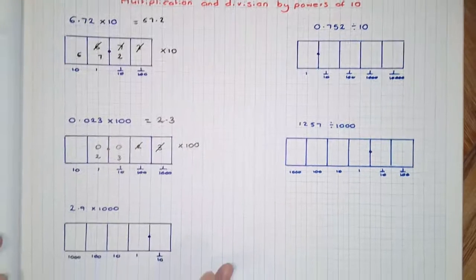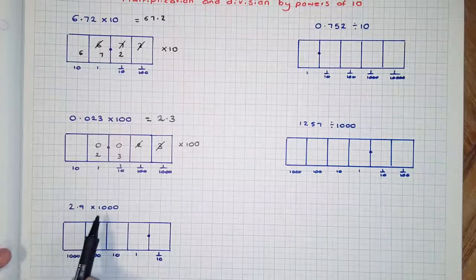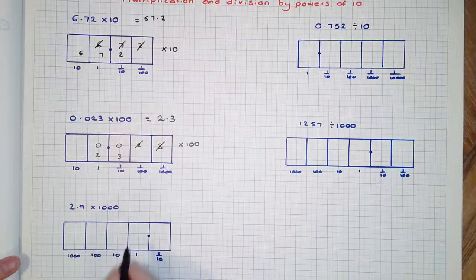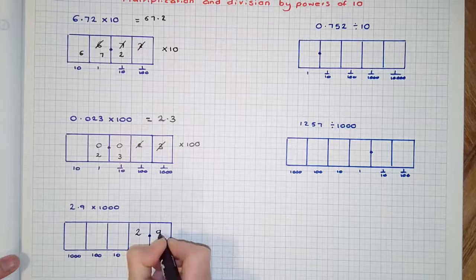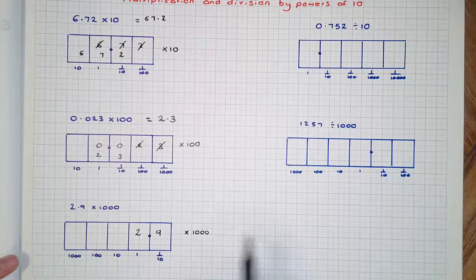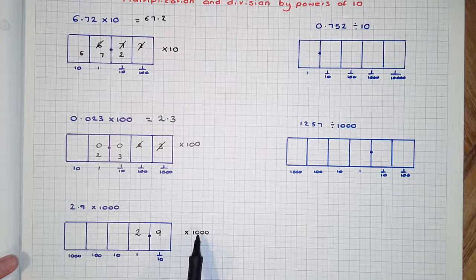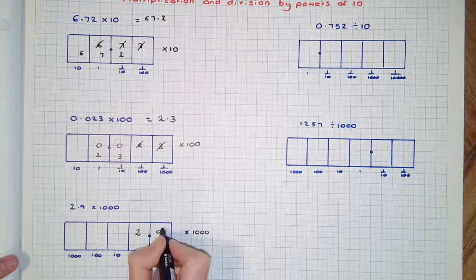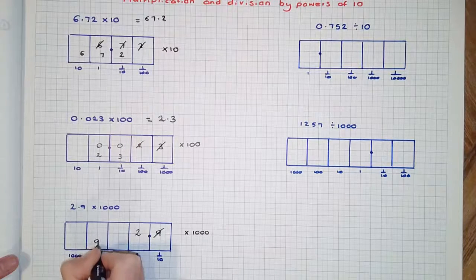Our final example for multiplying, 2.9 times 1,000. So we have 2.9 times 1,000. Now we have 9 tenths times 1,000, and in fact that will jump to 9 hundredths.